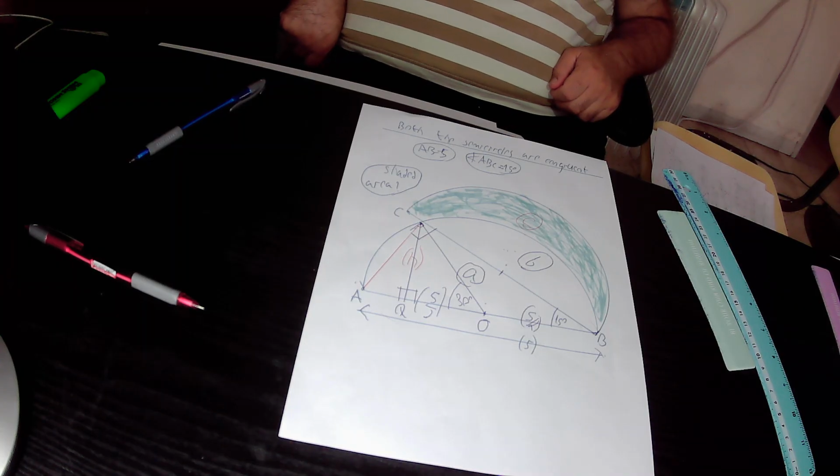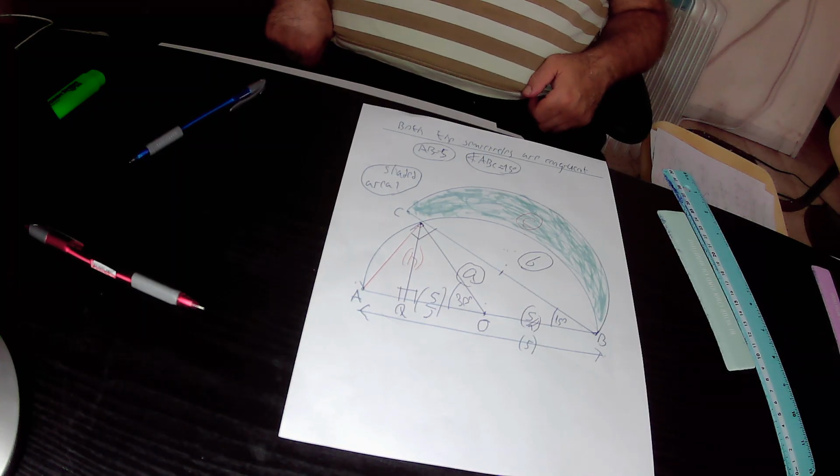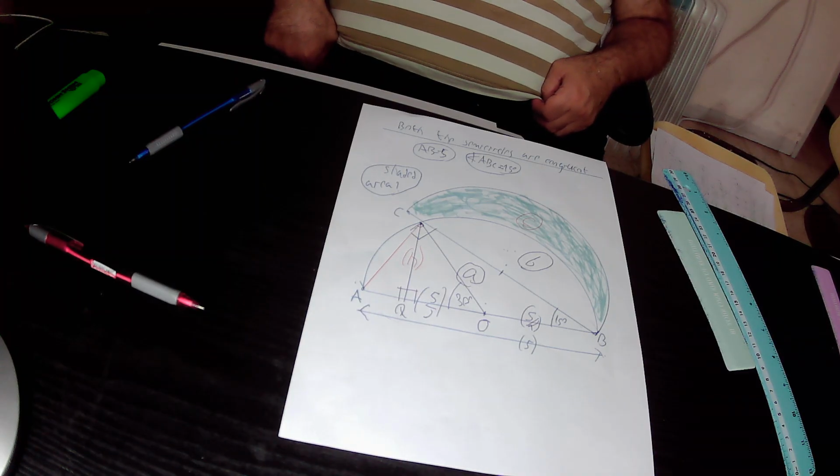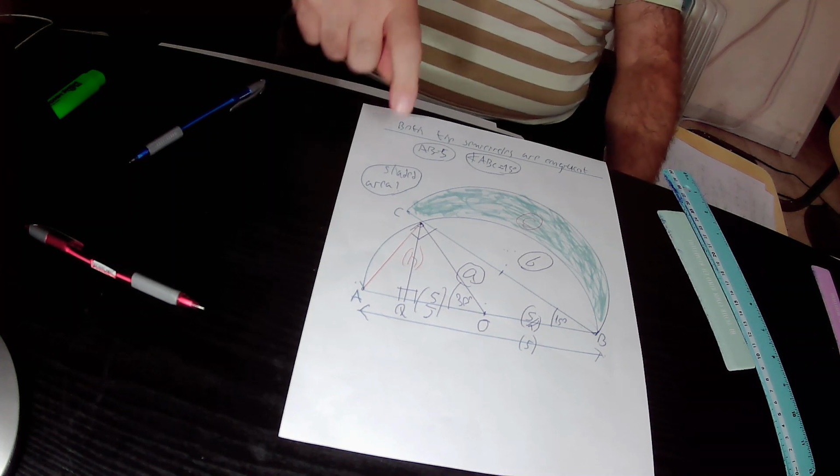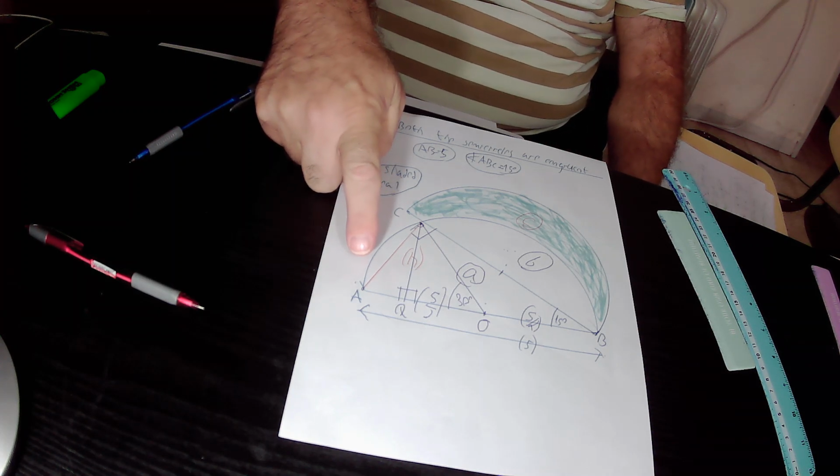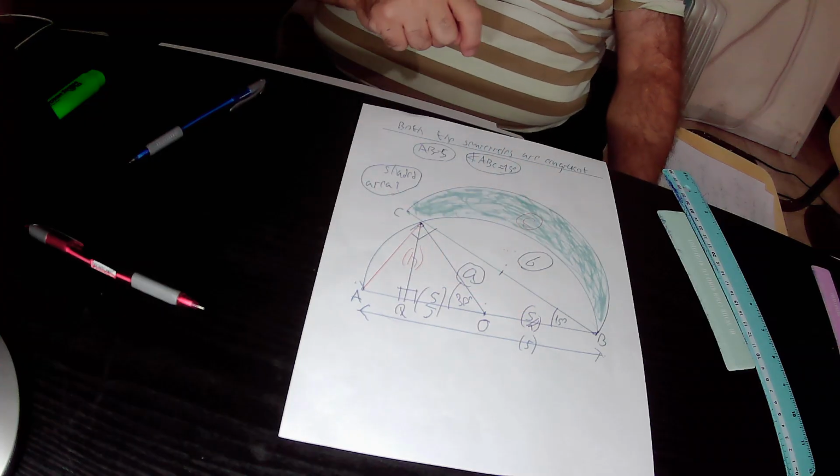Okay. So, in the next step, we will calculate the area of this triangle APB in two different methods.